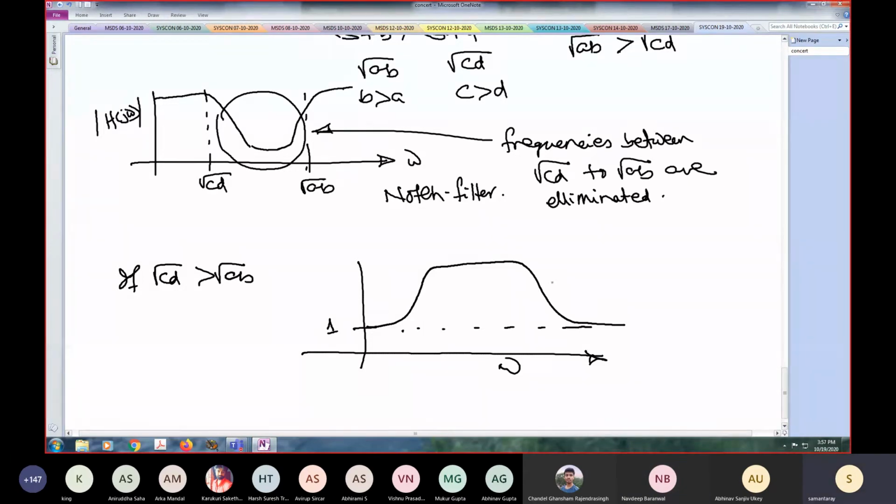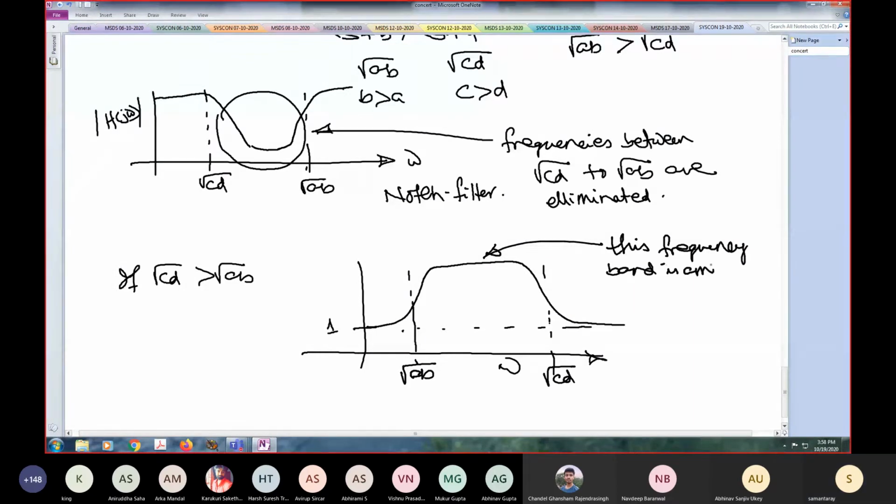Our square root AB is here, that is the high pass filter, our lead compensator. This is square root AB. This is the lag compensator. So in between, this frequency band is amplified. This is called a band pass filter.